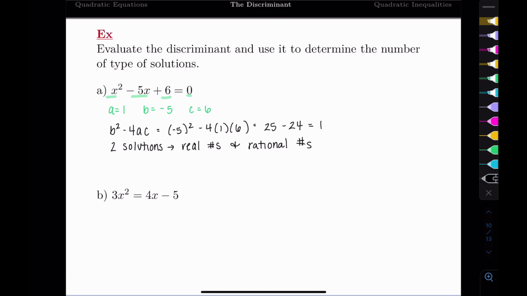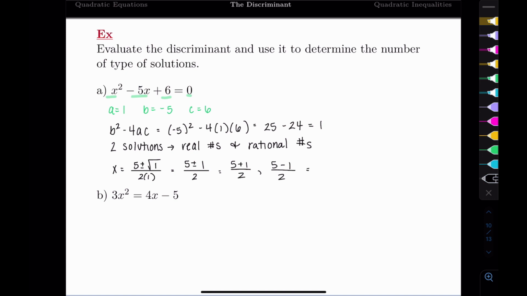Okay. And again, I could go ahead and actually find the solutions for this one. So our values of x would be negative b plus or minus the square root of b squared minus 4ac. We did that. So it's going to be 5 plus or minus the square root of 1 over 2a. So really you get 5 plus or minus 1 over 2, which leaves us with 5 plus 1 over 2 or 5 minus 1 over 2.